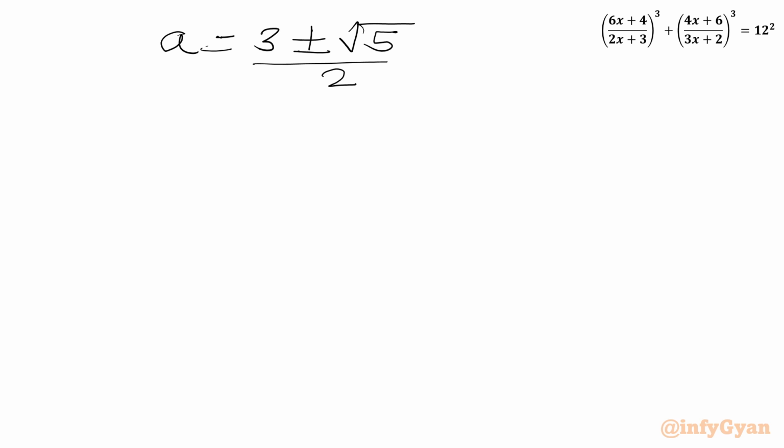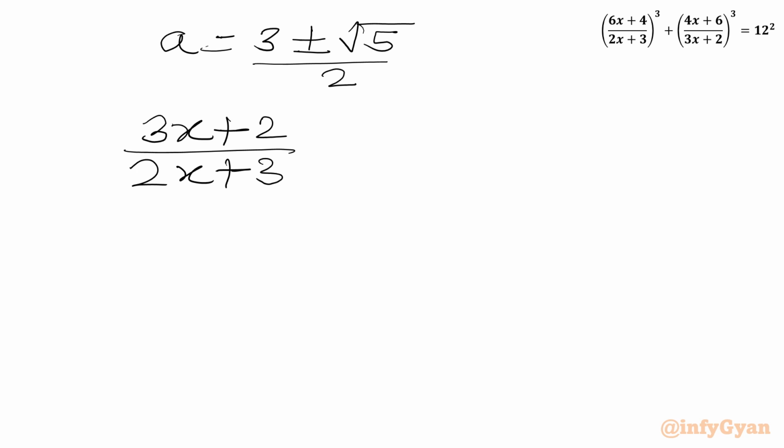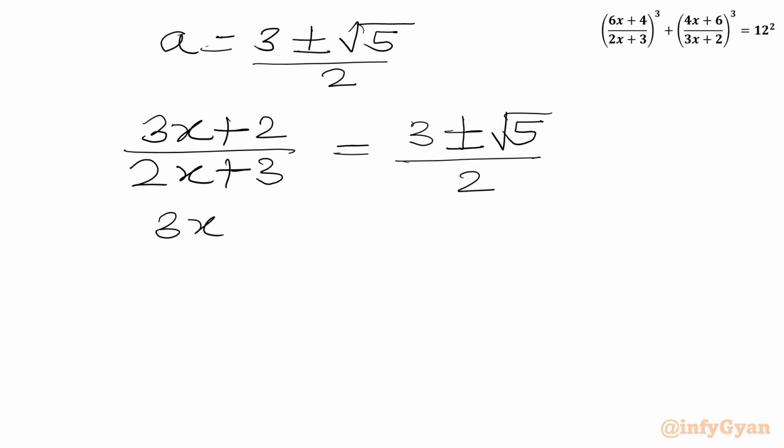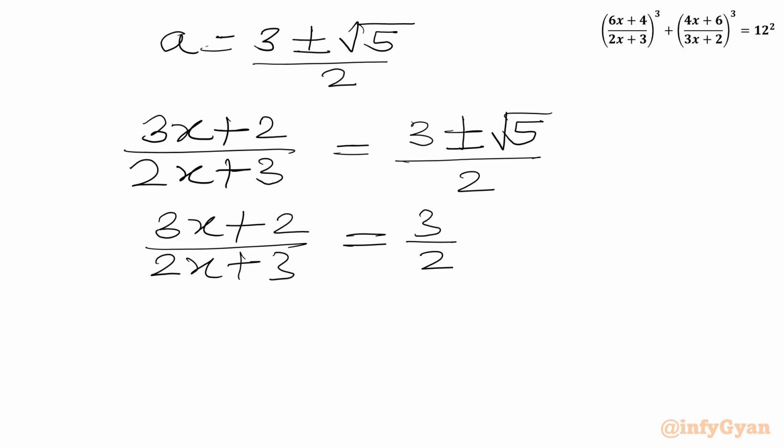A was our substitution, 3x plus 2 over 2x plus 3 equal to 3 plus minus square root 5 over 2. Now I will split RHS. I will write 3x plus 2 over 2x plus 3 will be equal to 3 over 2 plus minus square root 5 over 2.